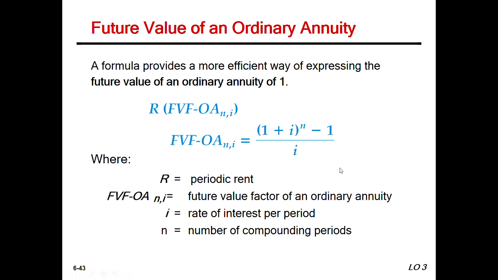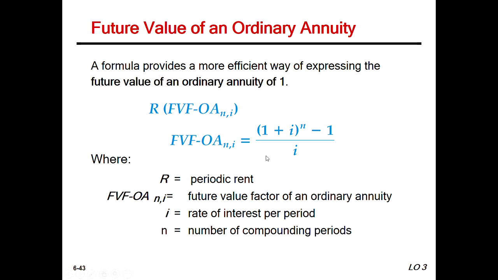So again, if you're into formulas, here's your formula. This is the formula that we can use to calculate the future value of an ordinary annuity of 1, the 1 being one single payment amount. And again, what we're looking for is our future value factor. We're looking for a factor that's in those tables. So that's what we're looking up.